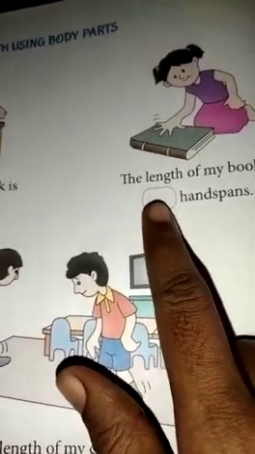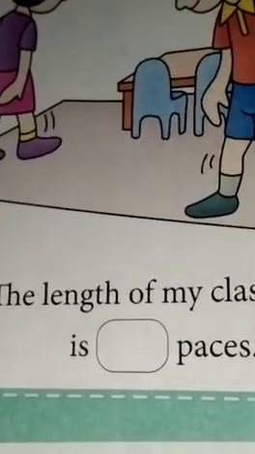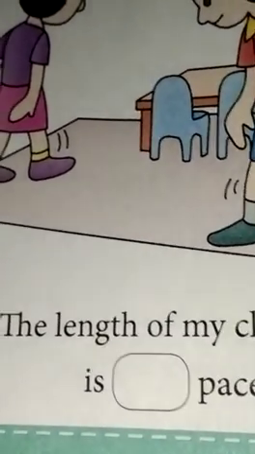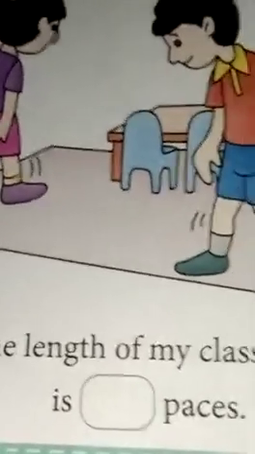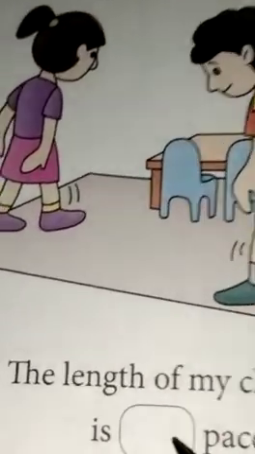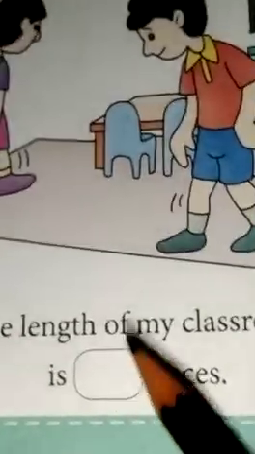You have to measure your book's length like this, and write how many hands plan it occurs in this box. Next is the length of my classroom is dash paces. You have to measure your classroom using your feet, and write here how many paces it occurs in this box.